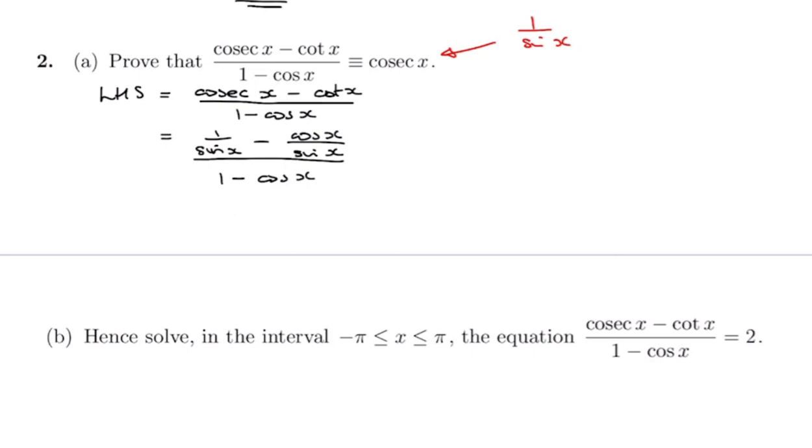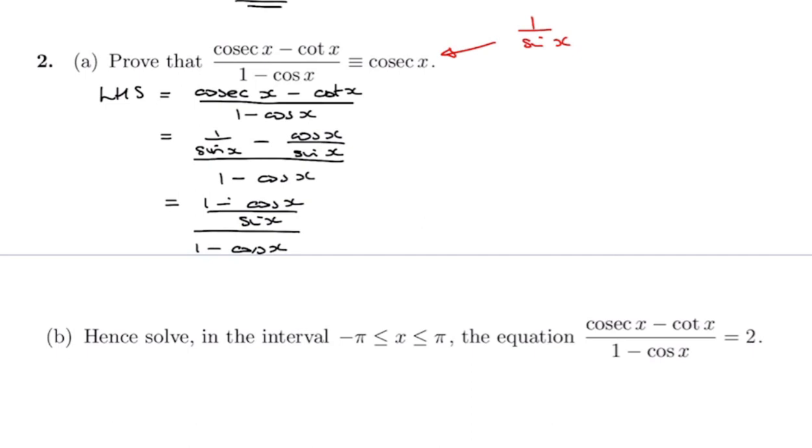Apologies, let me start that one again. On the top we've got 1 minus cos x over sine x, and that's over 1 minus cos x.